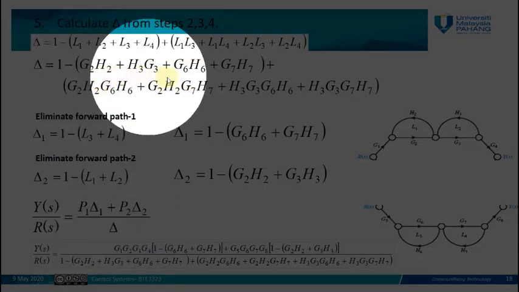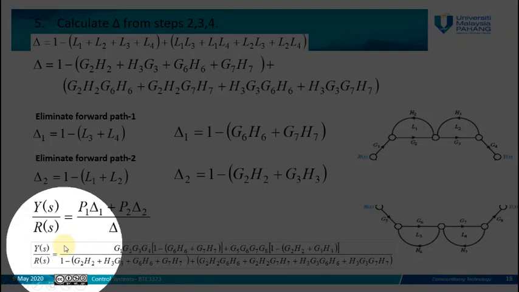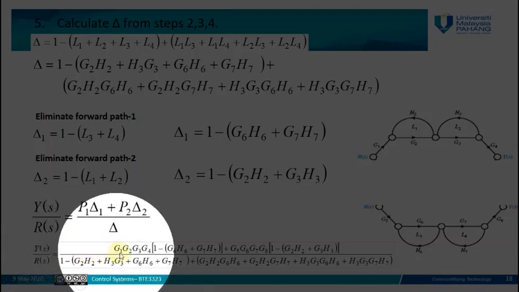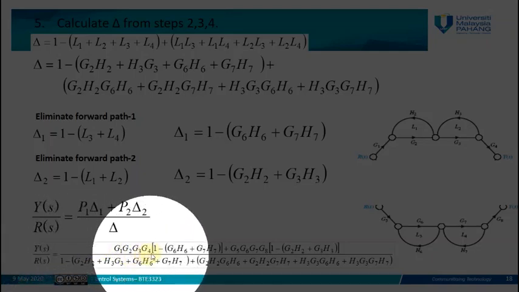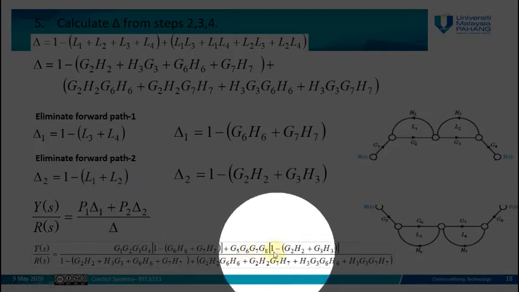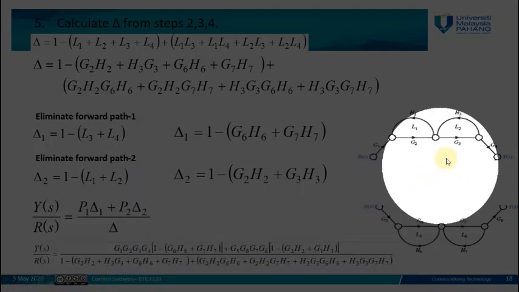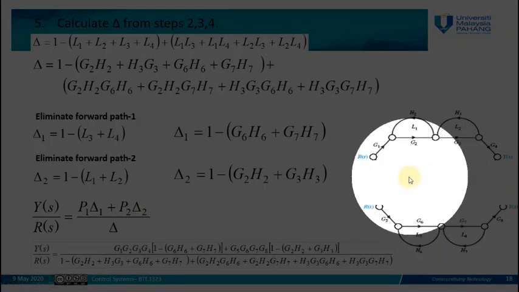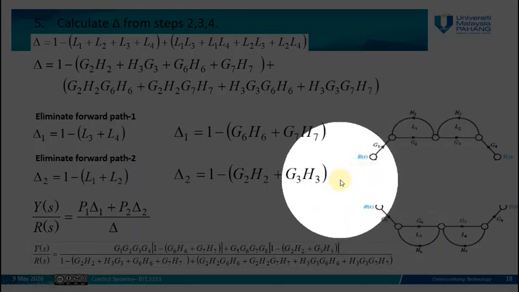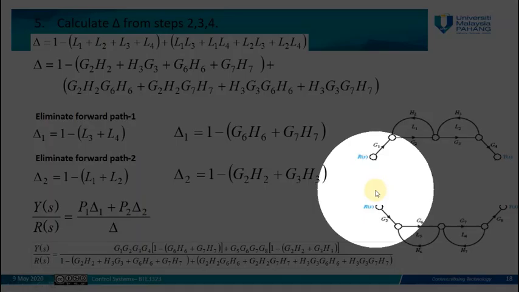Now this will be the transfer function of our signal flow graph. As you can see, it is one transfer function for this complicated control system, which consists of 7 or 8 transfer functions.